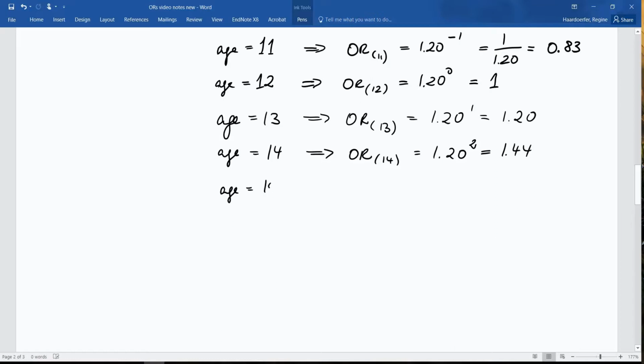And then let's say we have a 15-year-old in this batch as well. The odds ratio for a 15-year-old would be 1.20 to the power of 3, or the calculator will tell us this is 1.73.